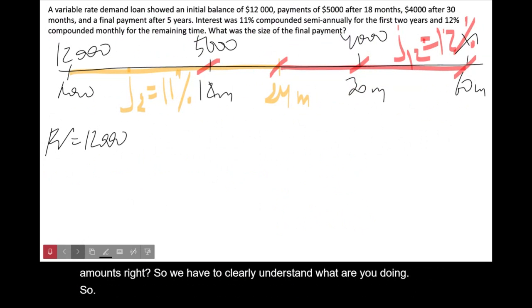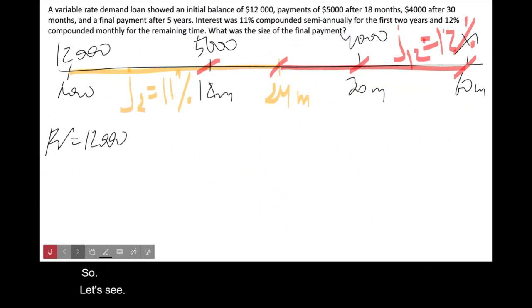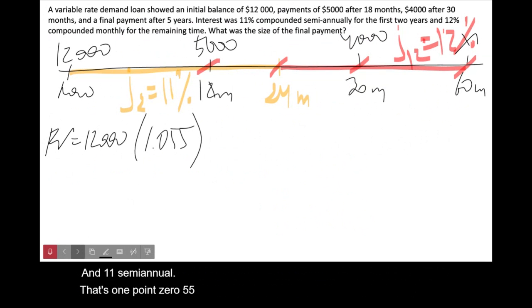Okay, let's see. 12,000 and 11% semi-annual, that's 1.055 for 18 months, so 18 over 6, exponent 3. Semi-annual or quarterly? Semi-annual.